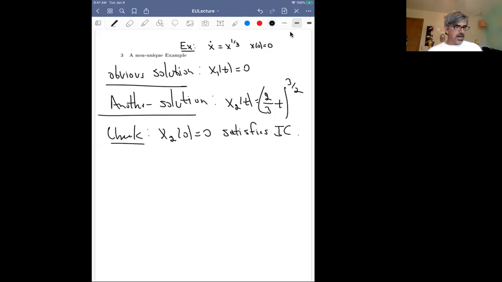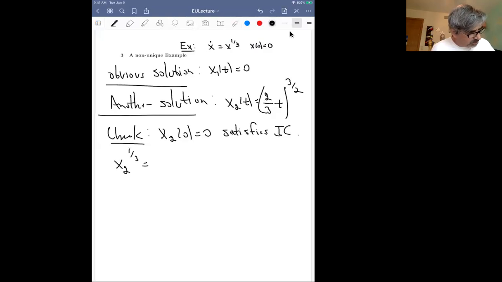The second thing it has to satisfy is the differential equation. So I take x2 to the 1/3 power, so that 1/3 came from there.